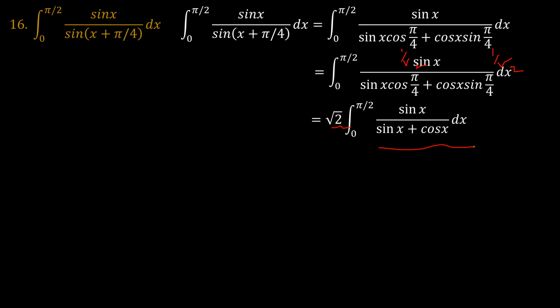This is a very interesting problem, because if we also let x be equal to pi over 2 minus u, dx is equal to negative du, and so this becomes cosine u, this becomes cosine u, and this becomes sine u.